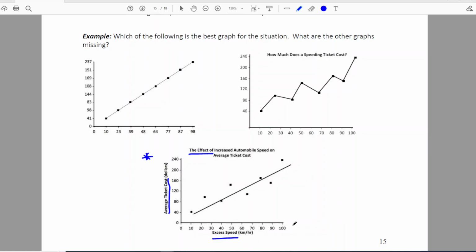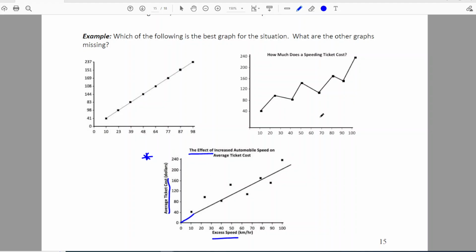Our scale is consistent, right? A scale of 10, a scale of 40. We have our dark dots, and it's a basic linear relationship. So I can see that if I drew a line of best fit, which should go through 0, 0, in ours it always will, because if you don't speed, you don't get a ticket. And then you can see this linear relationship between the 2 things. So this is an awesome graph.